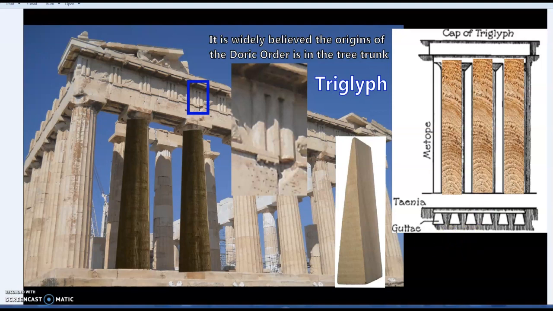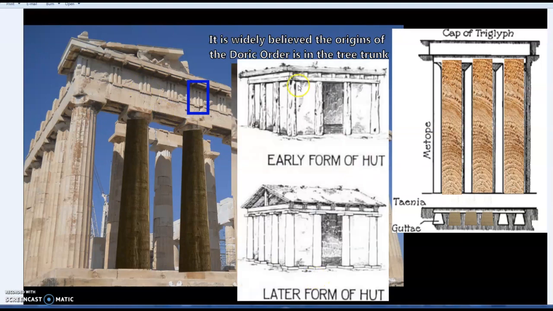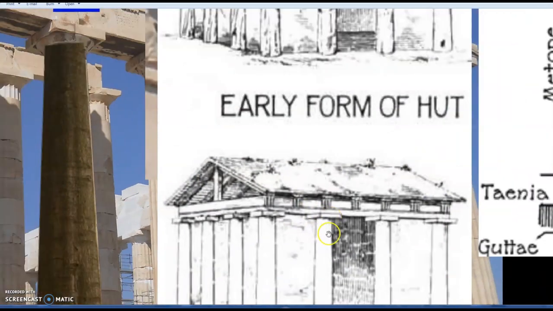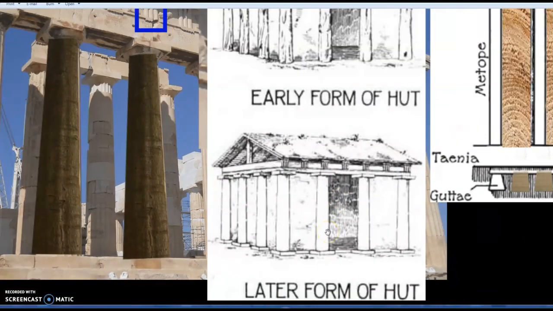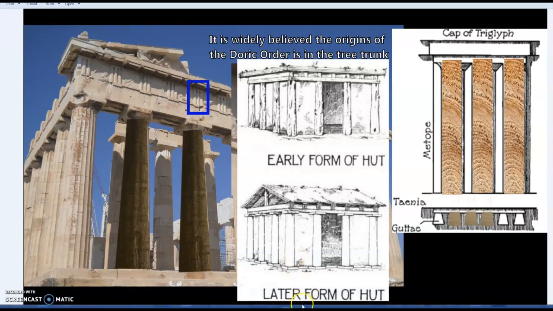That's one of the concepts of where this design comes from, paying homage to the timber. So before stone, they were building with timber and wattle and daub, and that would be an early concept drawing of previous huts, and how the more elaborate wood construction influenced the design.